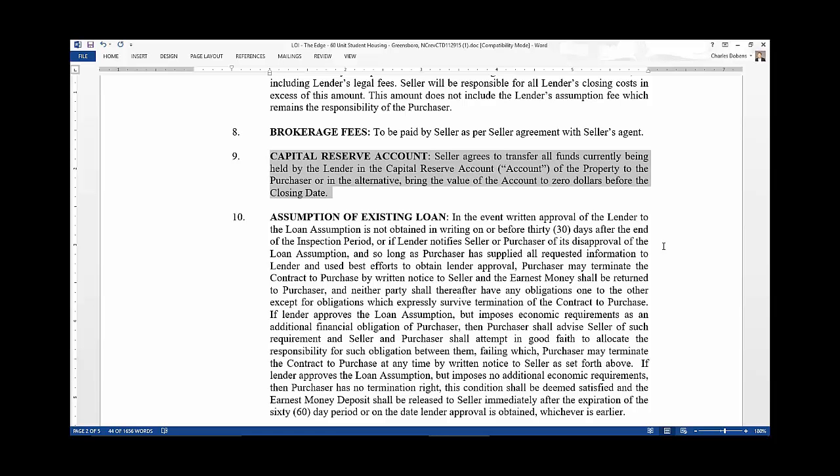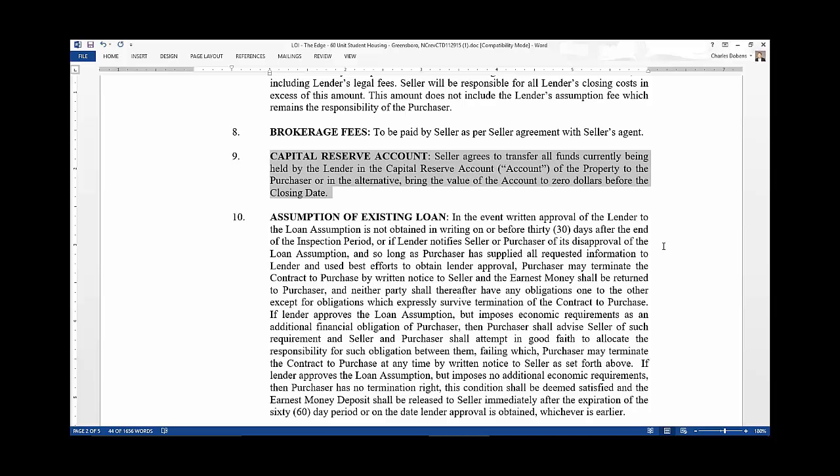So what I'm telling you here is that I put this provision into the LOI, and I tell the seller, you either give me that $100,000 or you spend that $100,000 on the property. But either way, at the closing table, I'm not coming to the table with any more money.